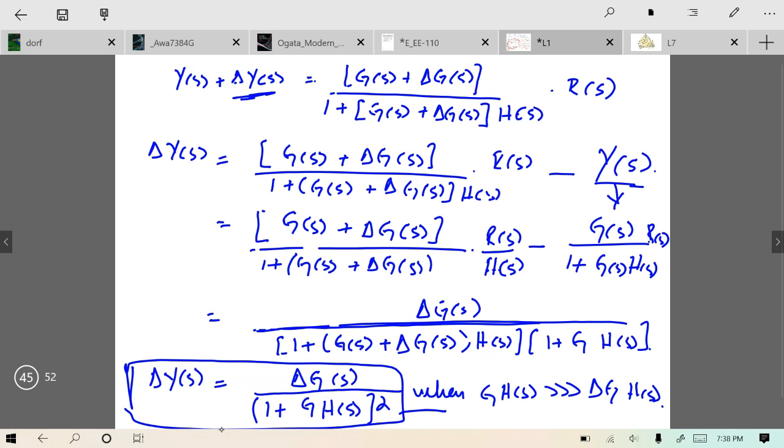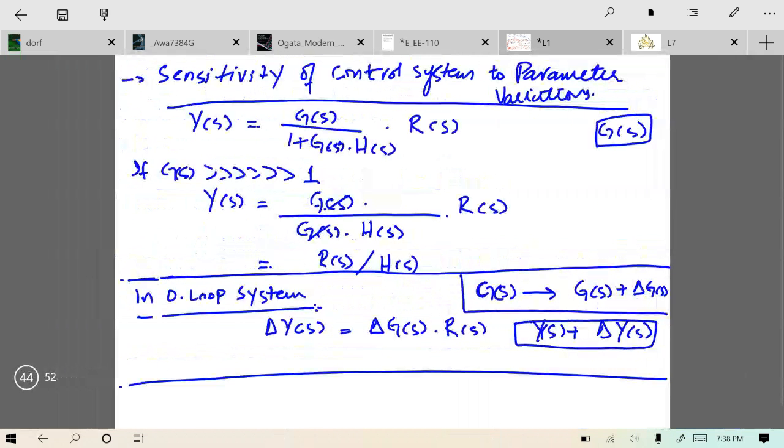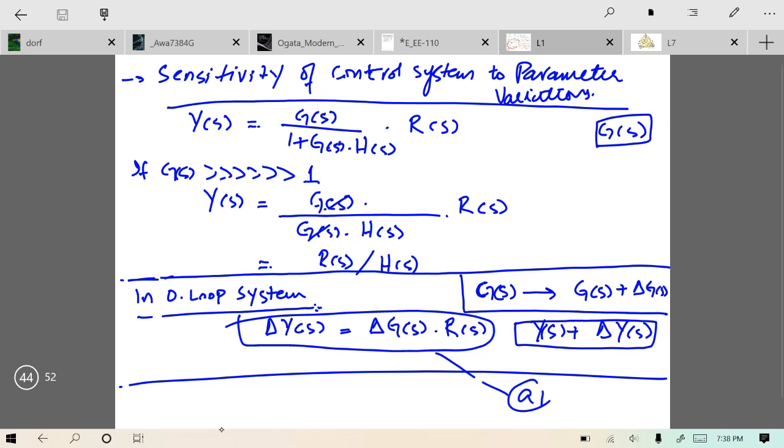Now let's compare this equation, let me call it B1, with our open loop system. Let me call this equation A1. So in A1, the rate of change in y of s was proportional, meaning if you have a change in g of s, you directly have a change in y of s.